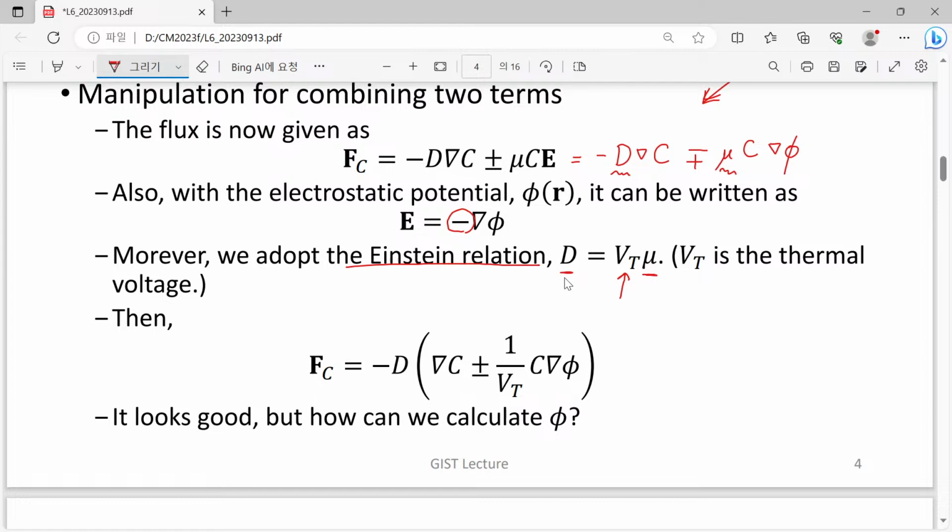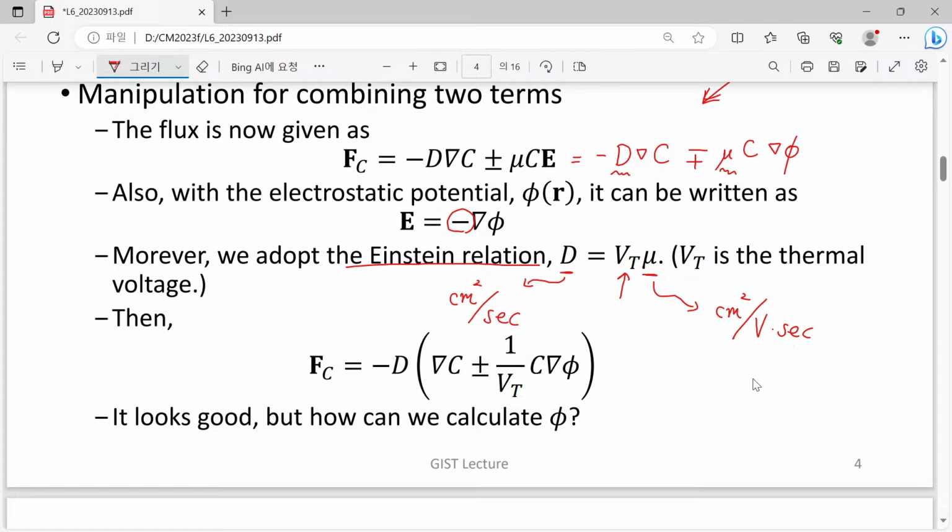So first of all, think about the unit of diffusivity. What was the unit of this diffusivity? It was some length scale squared divided by second. And what was the unit of your mobility? Mobility has the unit of square centimeter divided by volt and second.